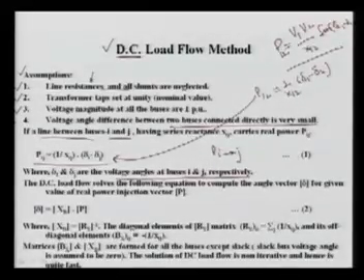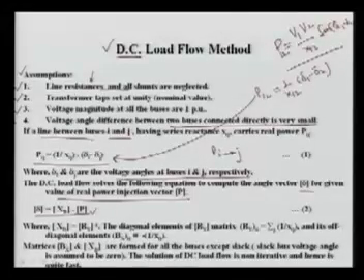Now, the DC load flow solves the following equation to compute the angle vector for the given real power injection. We can use another expression, if you remember, that gives the delta in terms of power injection. Here we cannot directly write this.